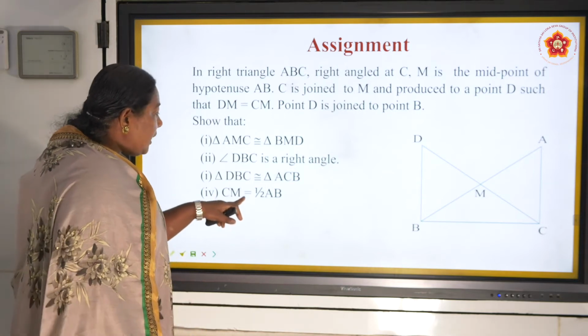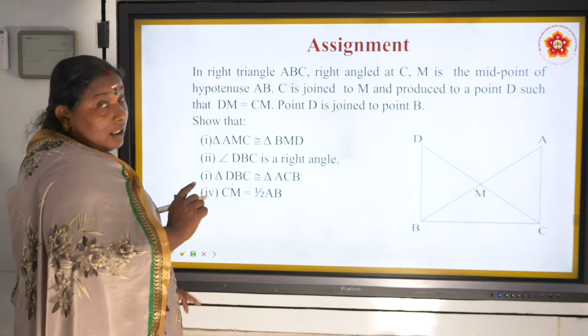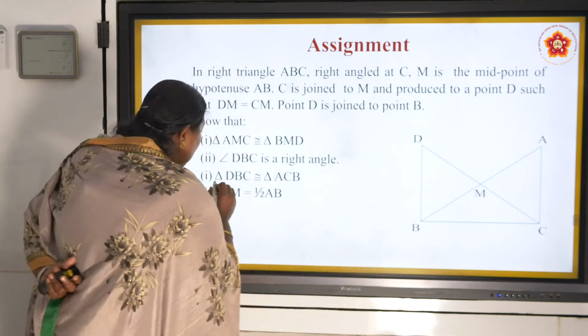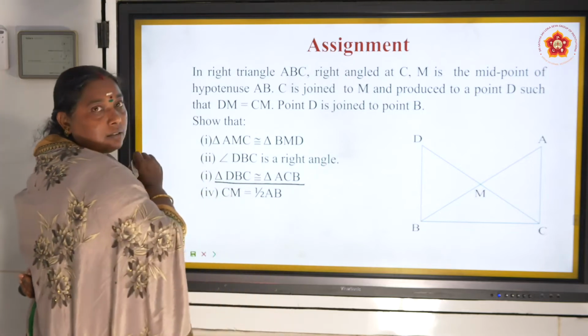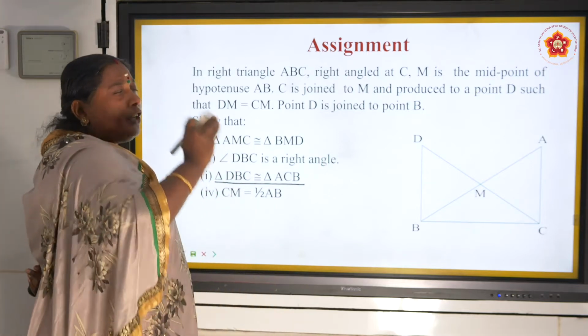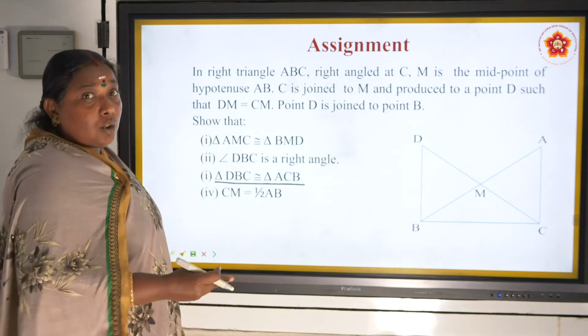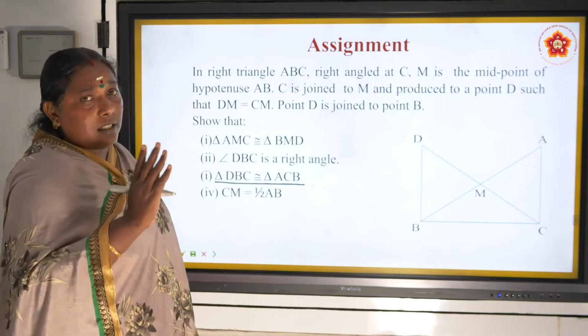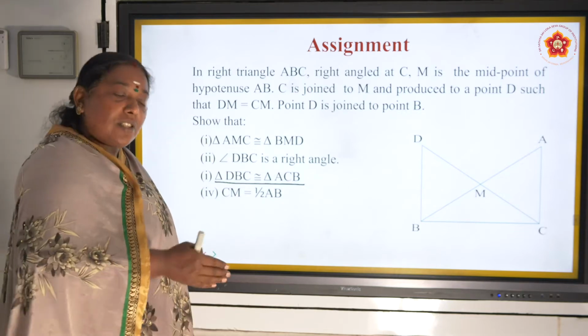Here, CM is equal to half of AB. Here you need to know something. As per this third proof, whenever we are doing congruent, all the time our helper CPCT will come and stand near us.